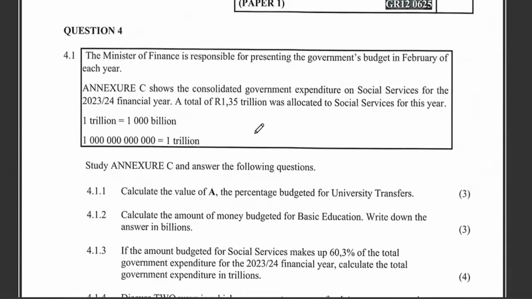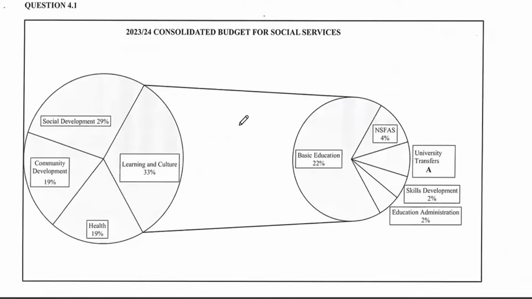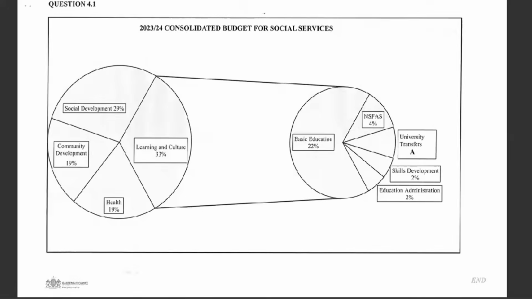Okay, let's look at question number 4. The Minister of Finance is responsible for representing the government's budget in February of each year. Annexure C shows, let's go to Annexure C. That's where we are.